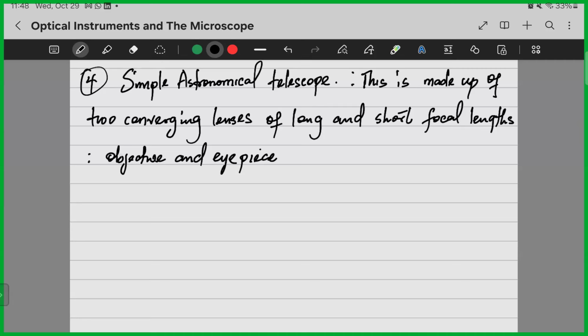So what's the usefulness of simple astronomical telescopes? They are used for viewing celestial or heavenly bodies, e.g., stars, moon, planets, etc. Take note of that.